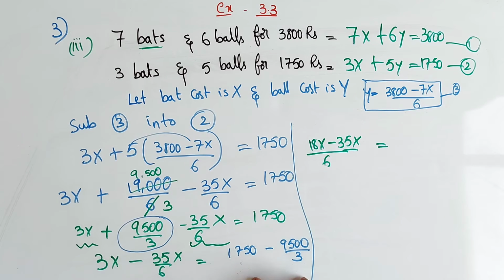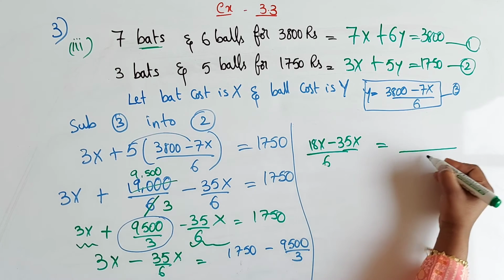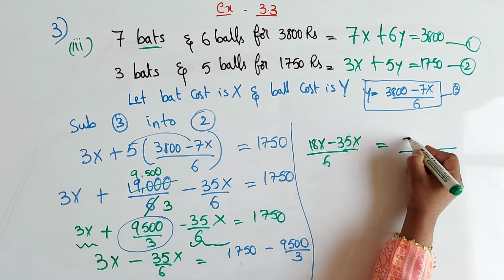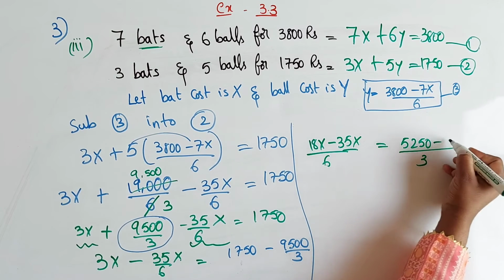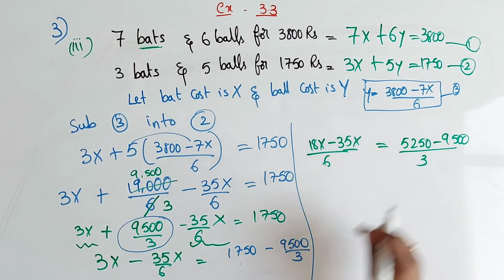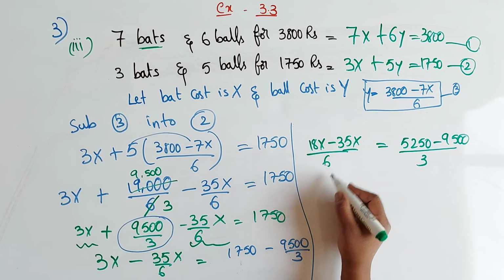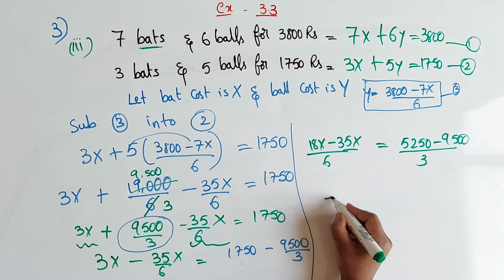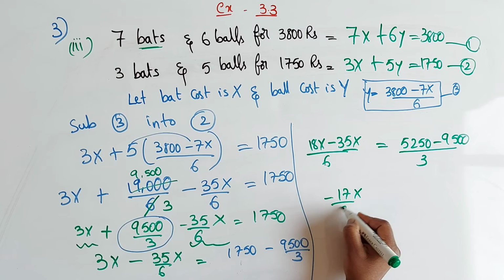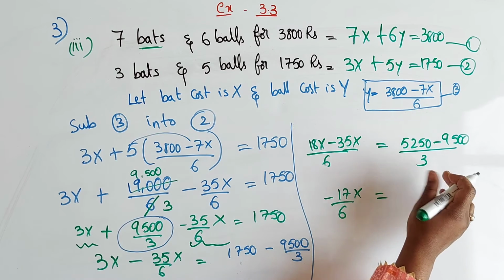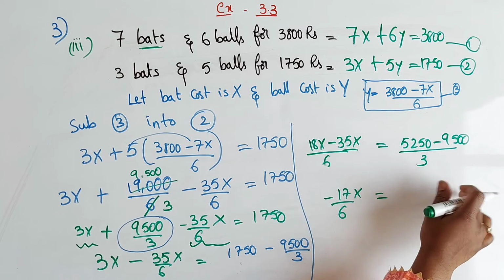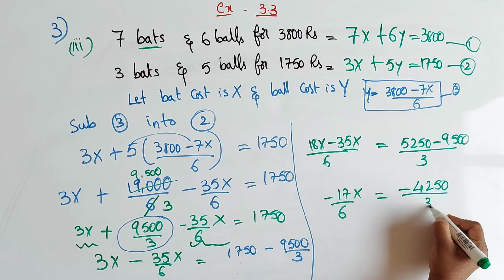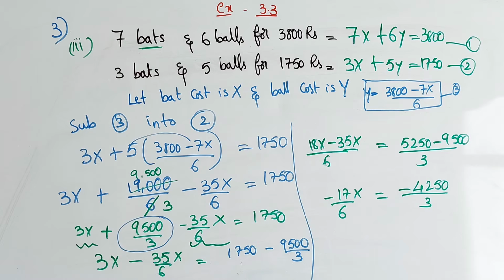This equal to, here the LCM is 3. 3 into 1750, children, that is 5250 minus 9500, as usual we are writing. 18 minus 35x, children. 18 minus 35, that is minus 17x divided by 6 equal to 5250 minus 9500, that is minus 4250 divided by 3. Correct, children?